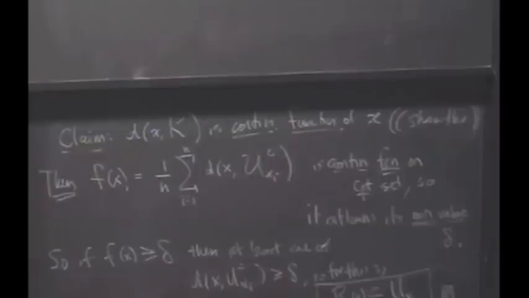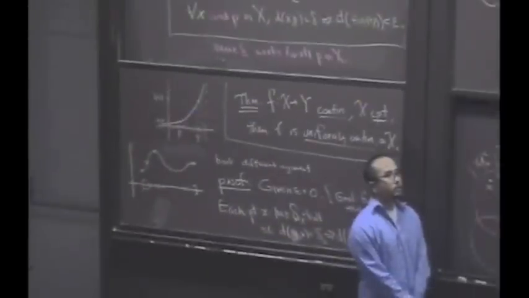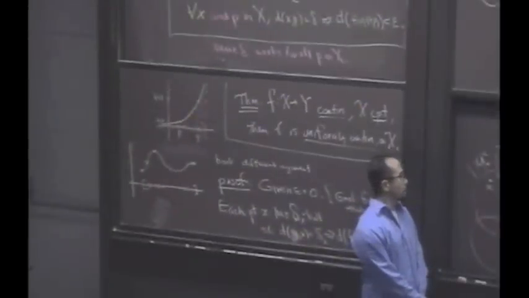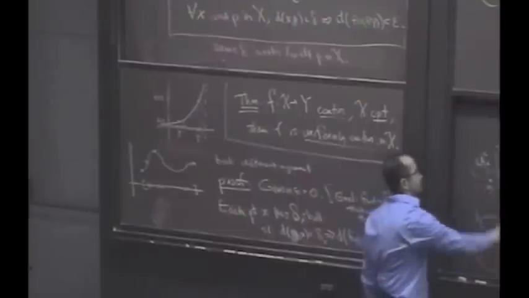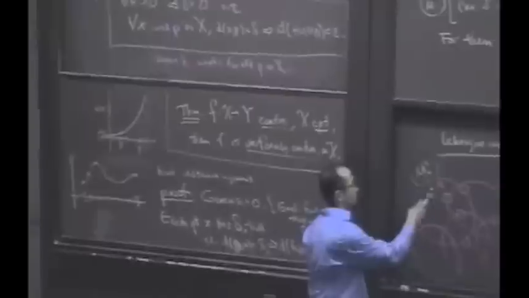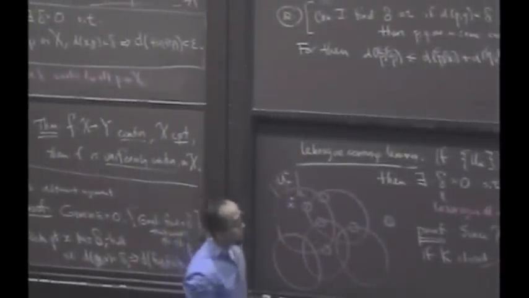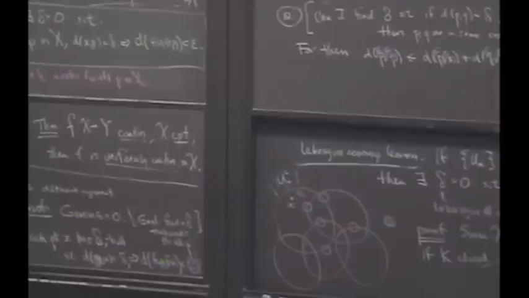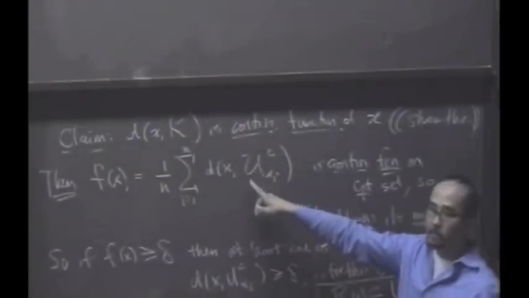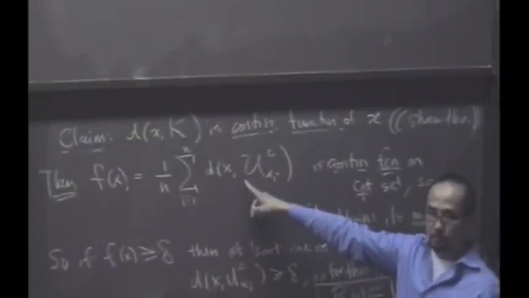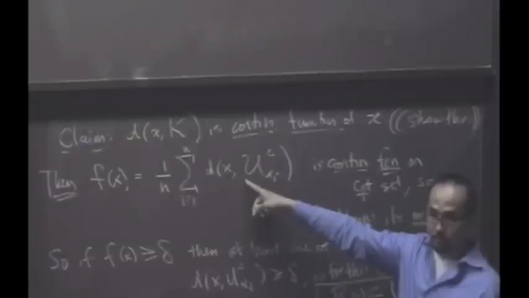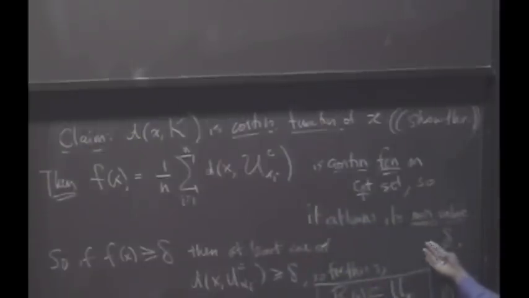Jacob? The smallest it can be is 0. There's at least one that's not 0 because x is in one of the sets. So the fact that this is a cover means that for every x, it's in one of them. So this function has to be non-zero everywhere, so its minimum value has to be bigger than 0.